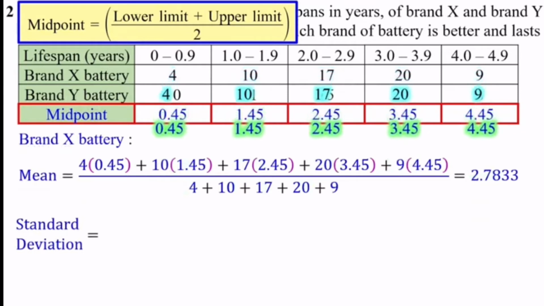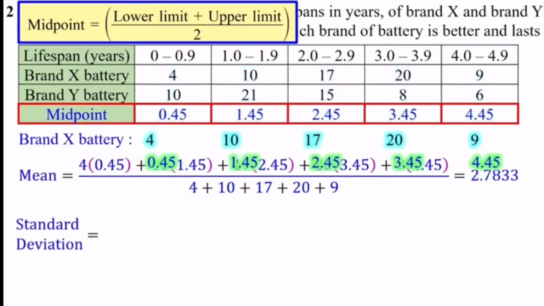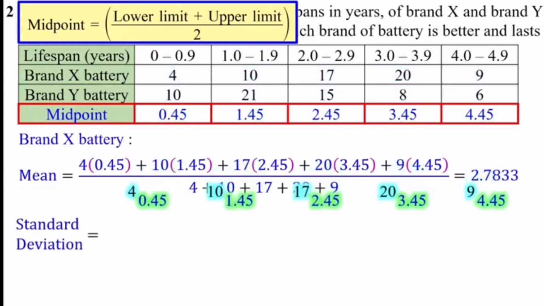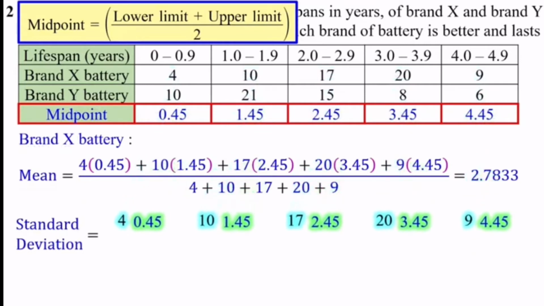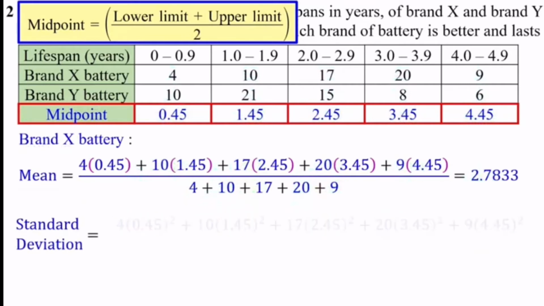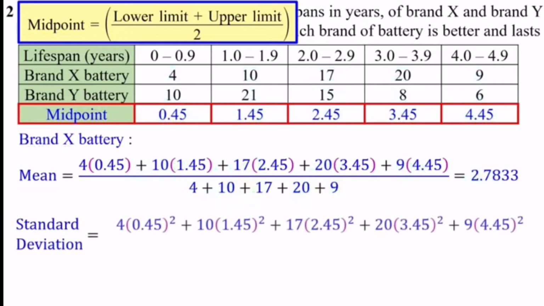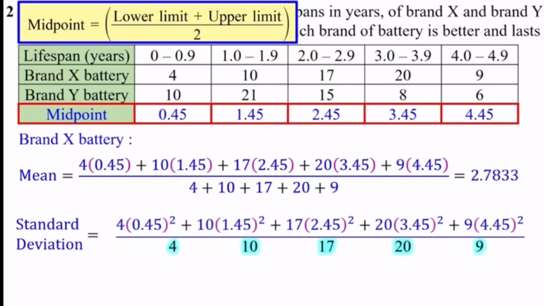So it's 4 times 0.45 square plus 10 times 1.45 square, and then plus 17 times 2.45 square, plus 20 times 3.45 square, plus 9 times 4.45 square, over total frequency, which is 4 plus 10 plus 17 plus 20 plus 9, right? The one that I highlighted in blue color is the total frequency.